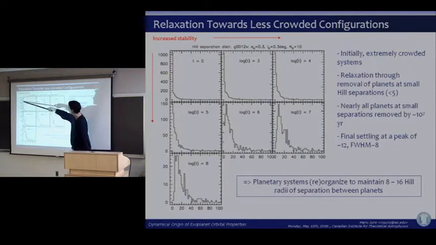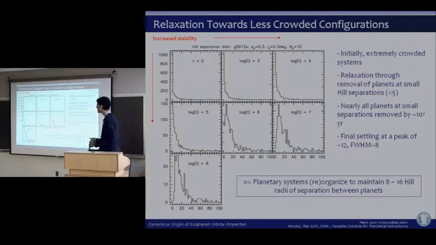Notice how this peak becomes lower and lower, and how this region here gets cleared out. So a region between 0 and about 5 Hill radii gets cleared out of almost all planets. Nearly all planets at small separations get removed by 10 to the 7 years.